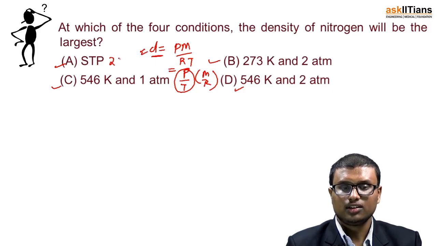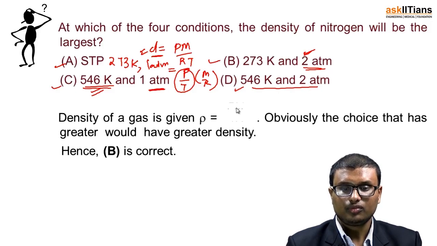So what is STP? It is 273 Kelvin and 1 atm. What is B? 273 Kelvin and 2 atm. So the numerator value is increasing. What is C? Here the denominator value is increasing, right? 546 Kelvin and 1 atm. And what is D? It is 546 Kelvin and 2 atm.